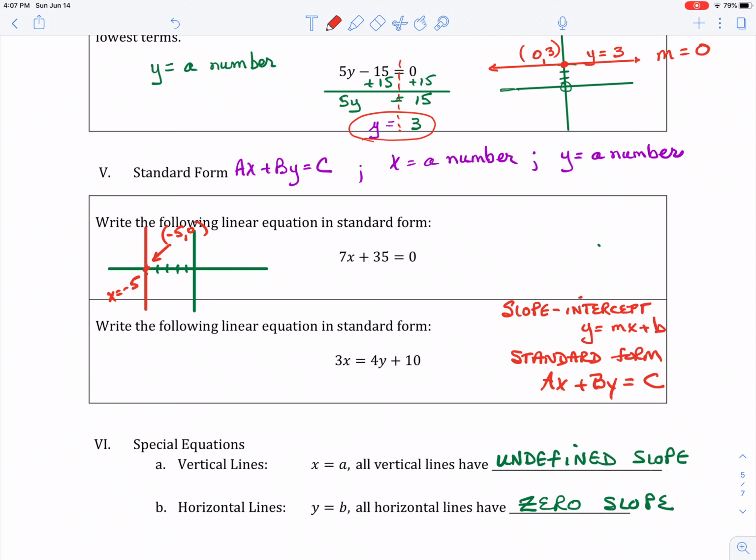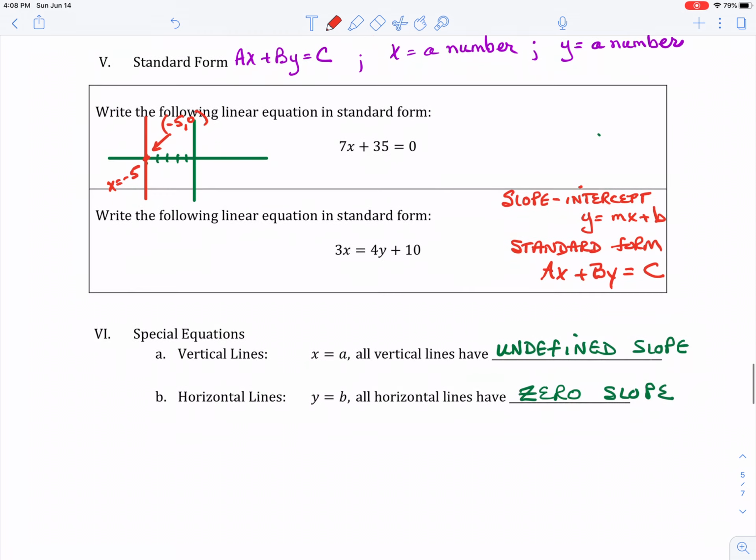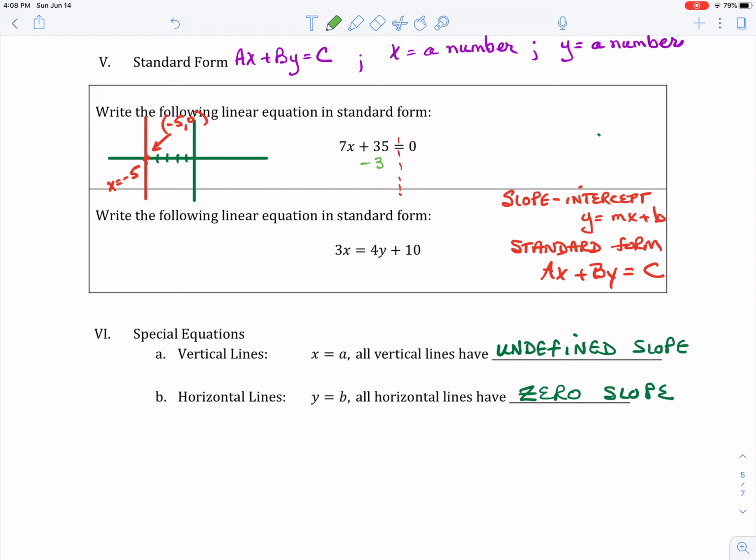This next one has only the variable x in it. So what I need to do with this one, and I know this is counterintuitive because I've been saying over and over again, get y by itself, get y by itself. Well, there is no y. So now I'm going to say, when there is no y, get x by itself.